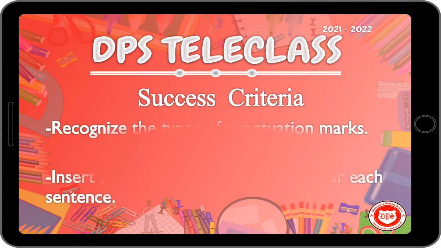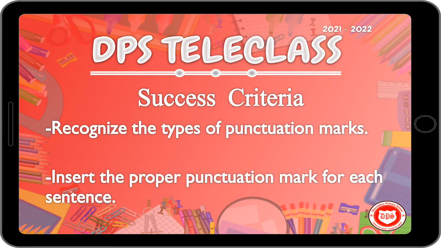So I hope you all will achieve today's success criteria. Today's success criteria are to recognize the types of punctuation marks and insert the proper punctuation mark for each sentence.